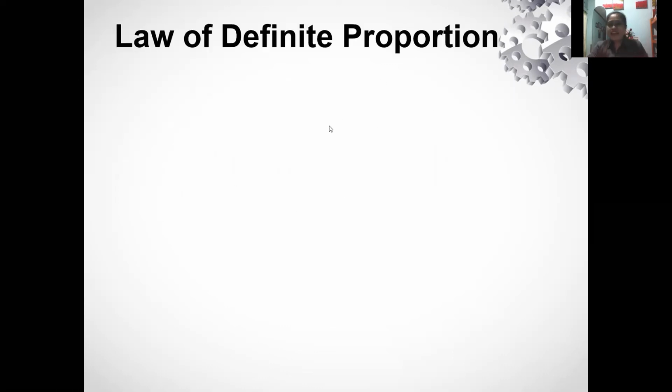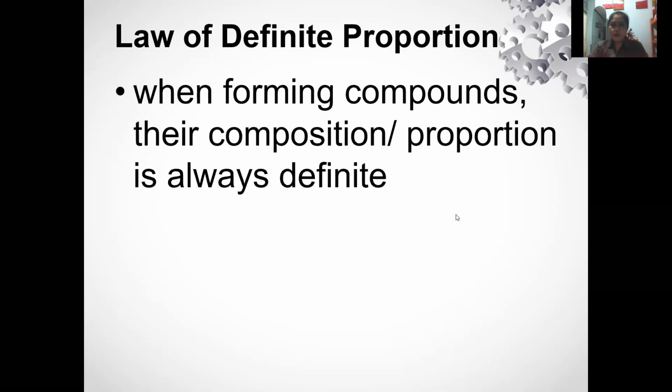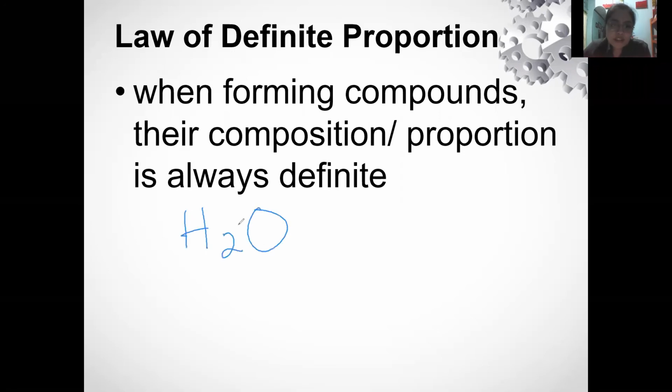So this is still under the work of John Dalton. We have law of definite proportion. Pag sinabing law of definite proportion, according to this, when forming compounds, their composition or proportion is always definite. Ito yung ulit-ulit kong sinasabi na like sa water, pag water class, dalawang hydrogen, isang oxygen, talaga yan siya.